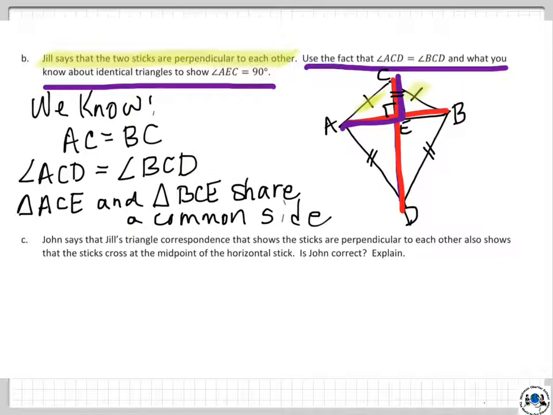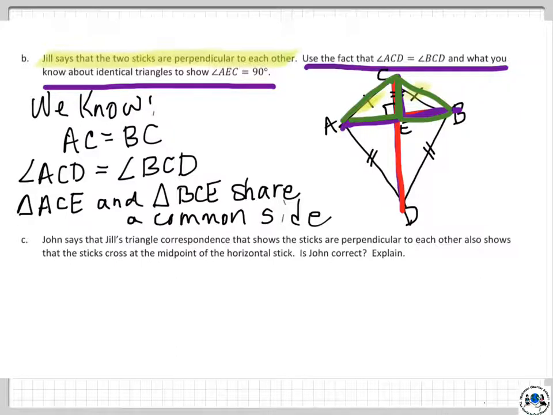And since both angles are adjacent to each other, right next to each other on a straight line, right here on this straight line, these two triangles ACE and BCE are adjacent to each other on a straight line.